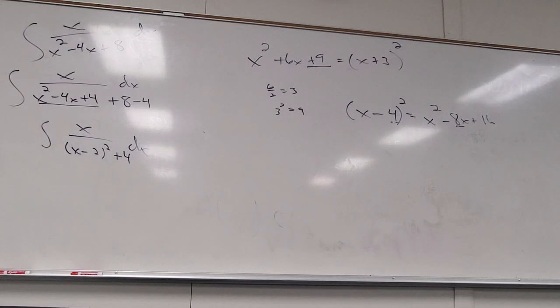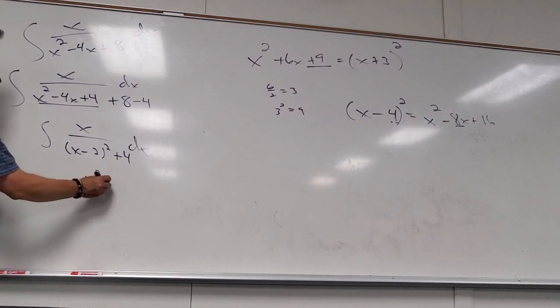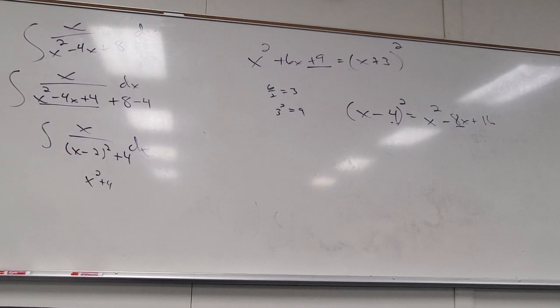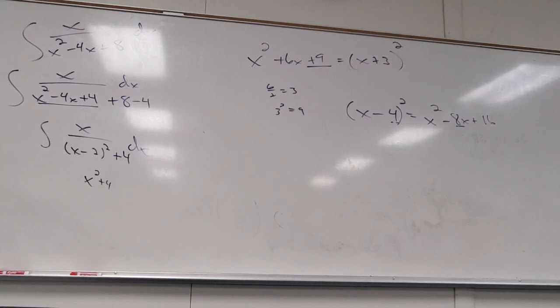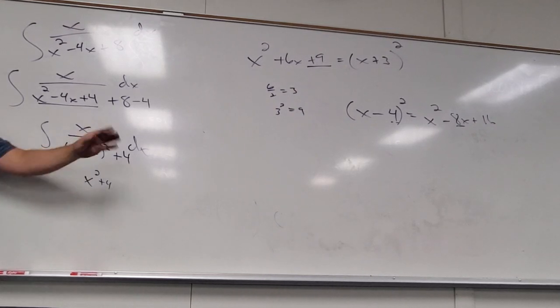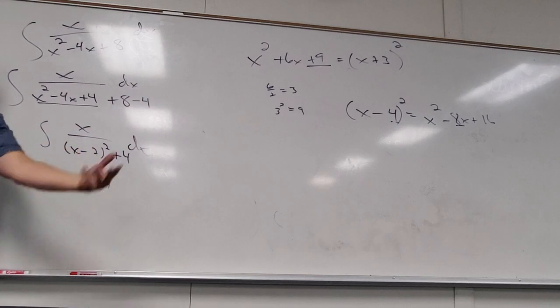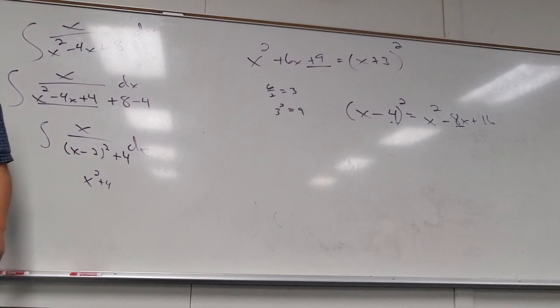All right, so you're all like, okay, how does that help, Jeff? Well, let me ask you, if the bottom was x squared plus 4, if this minus 2 wasn't there, what trig function would we substitute? Tangent, because tangent squared plus 1 is secant squared, right?